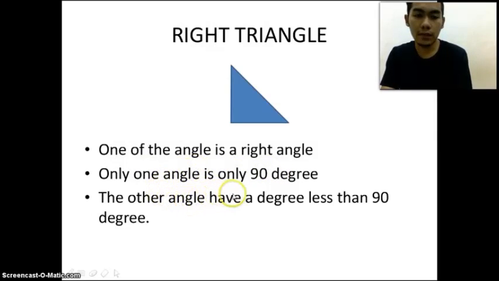The other angles are less than 90 degrees, which means that 180 minus 90 degrees, divided by 2 or less, gives the other angles, which are less than 90 degrees. So this is the last triangle that I want to teach you.